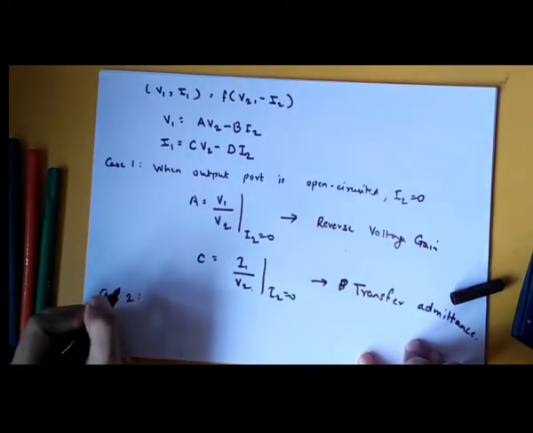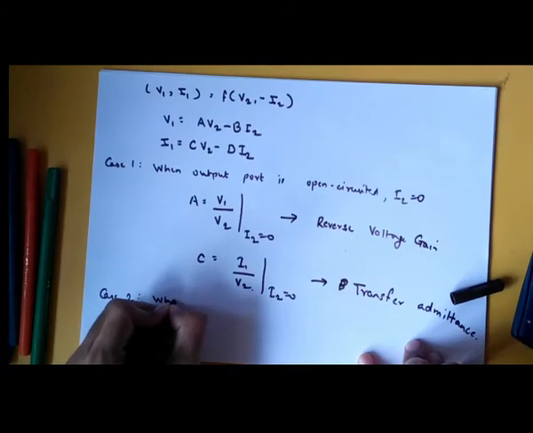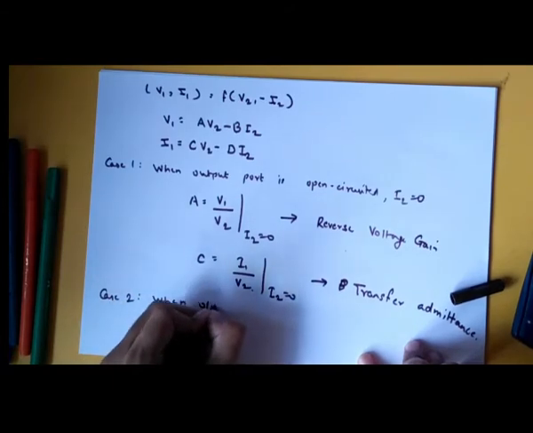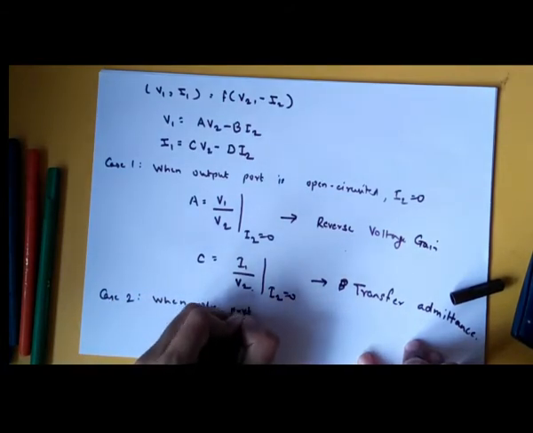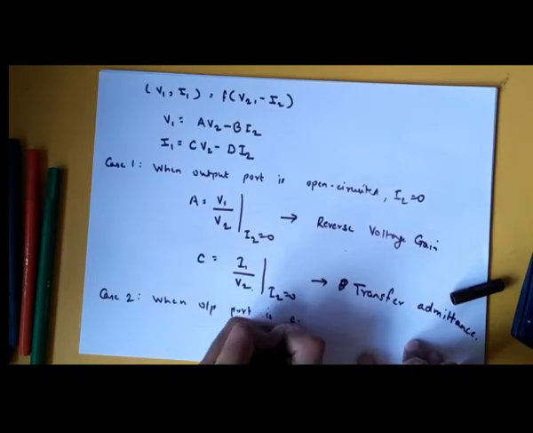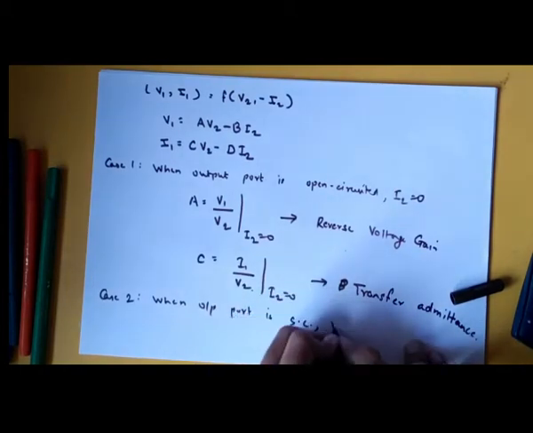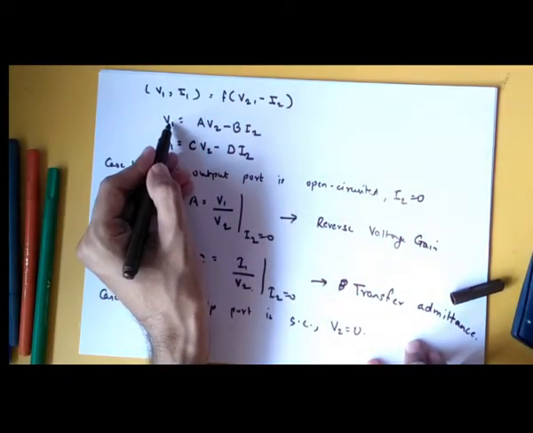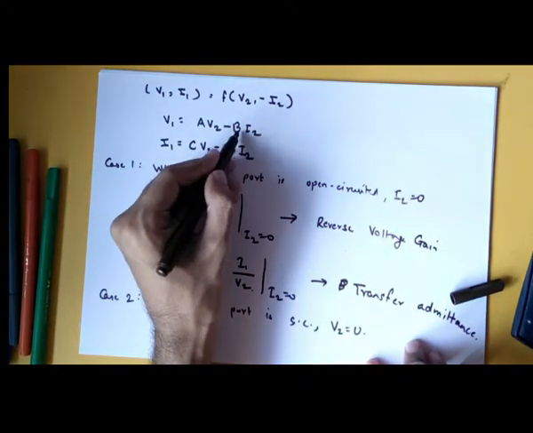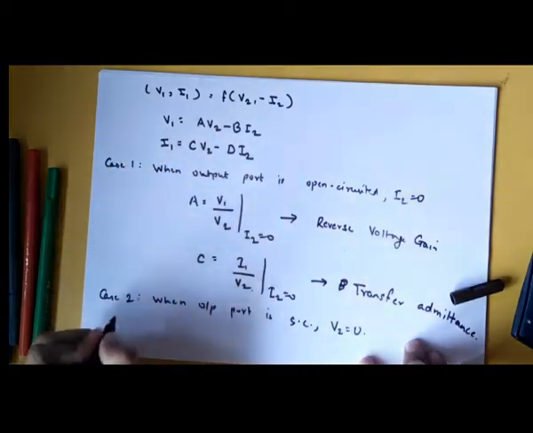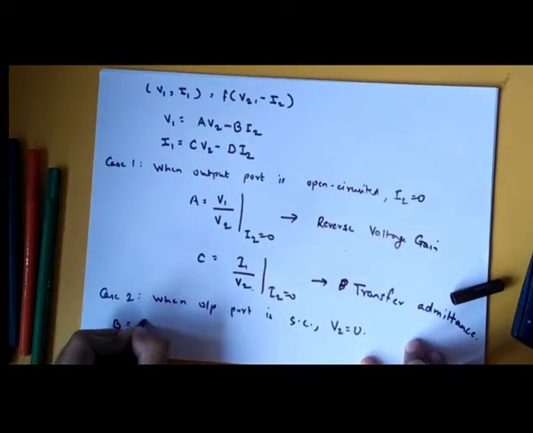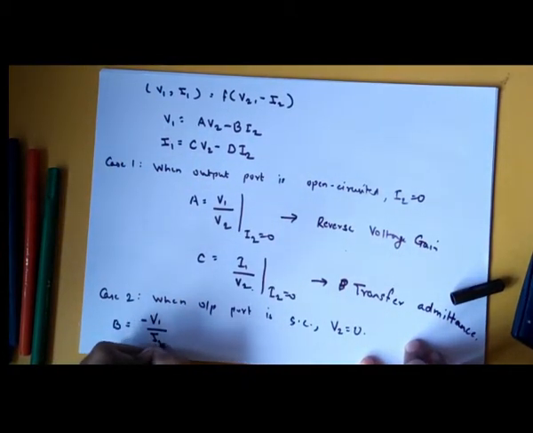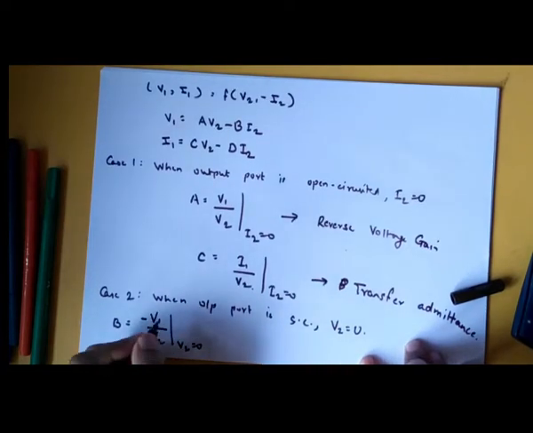Then case 2: when the output port is short circuited, V2 will be 0. So if V2 is 0, V1 equals minus B I2. So B will be minus V1 by I2, when V2 is 0, right?